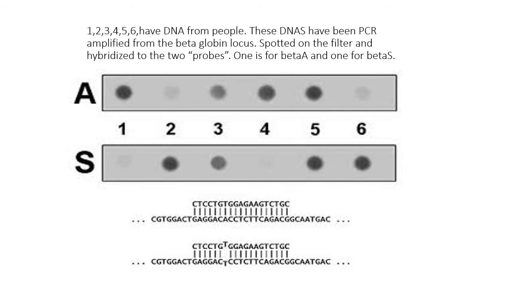So the pattern of spots tells us the genotypes of the people. So person number 1 hybridizes to the A allele and not to the S allele. Other people that have the A allele are people number 3, 4, and 5. People that have the S allele are 2, 3, 5, and 6. So simply by hybridizing to those two oligonucleotides, we can tell what the genotypes are of all 6 of the people.